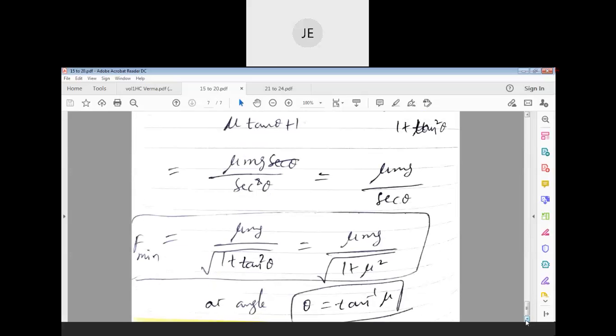And it is to be applied at an angle theta equal to tan inverse mu. The force to be applied is mu mg by square root of 1 plus mu square, and at an angle theta equal to tan inverse mu.